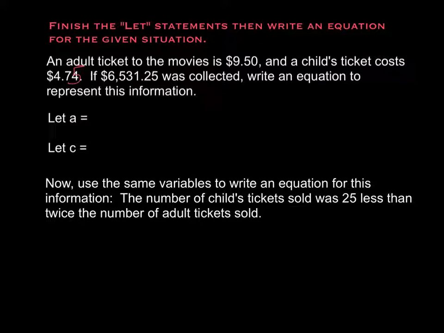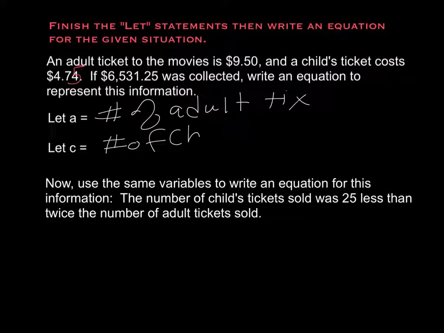So I am going to let A stand for the number of adult tickets, and I'm going to let C stand for the number of child tickets.